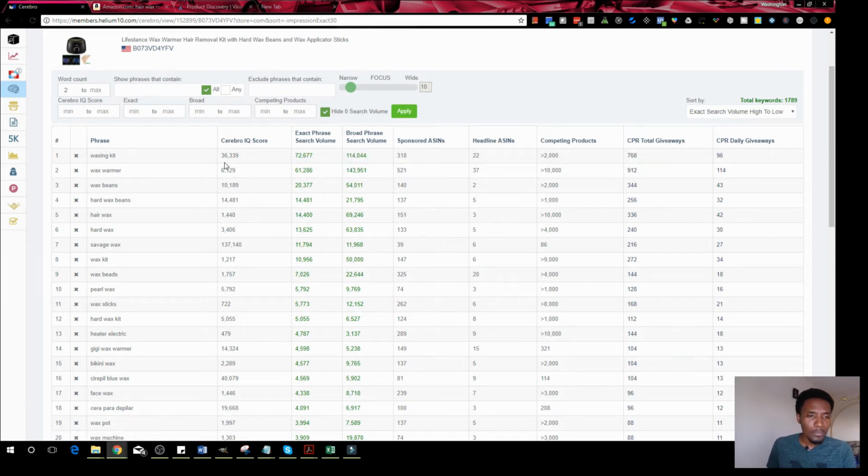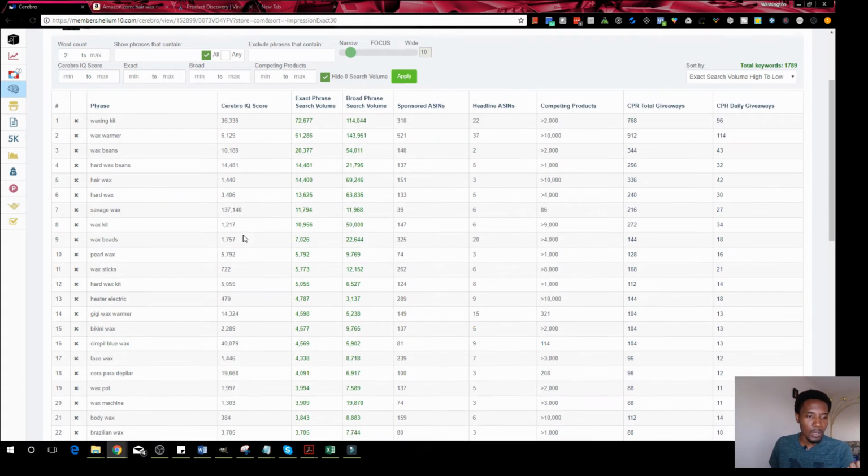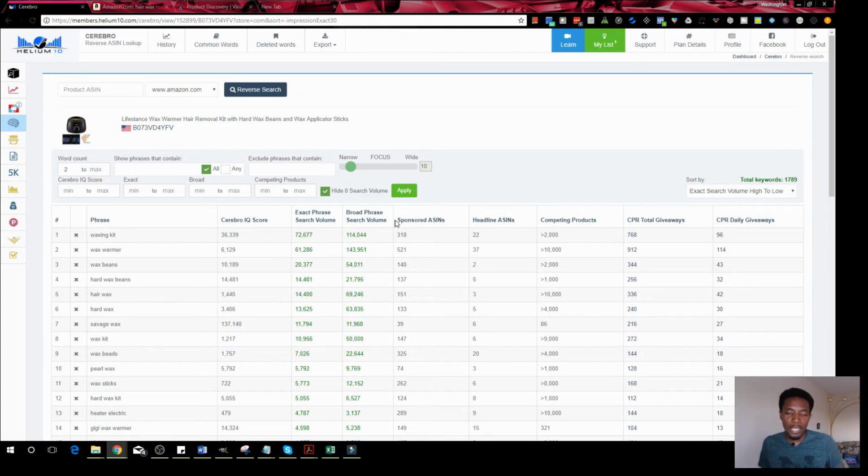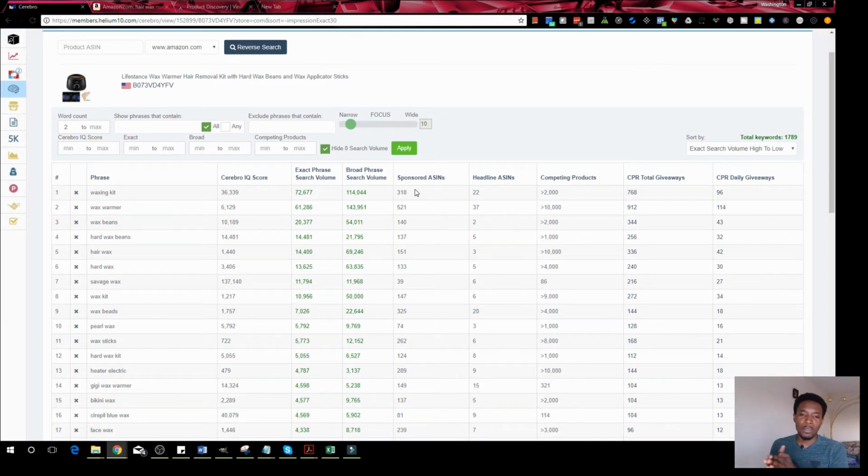So waxing kit, that's a good one for this one. Okay, so let's just scan across these other columns. So sponsors, ASINs, this has to do with the number of sellers who are running PPC for this specific keyword.